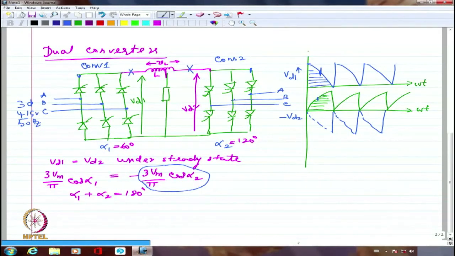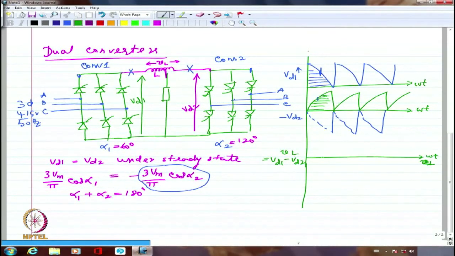So if I try to draw what is the voltage across the inductance, VL. So let me try to draw that voltage. What is VL? VL actually will be VD1 minus VD2, right? Whatever is the value of VD1 minus VD2. If I try to look at it, only at this point it will be 0.